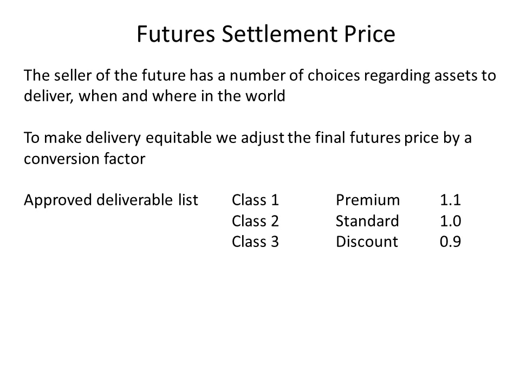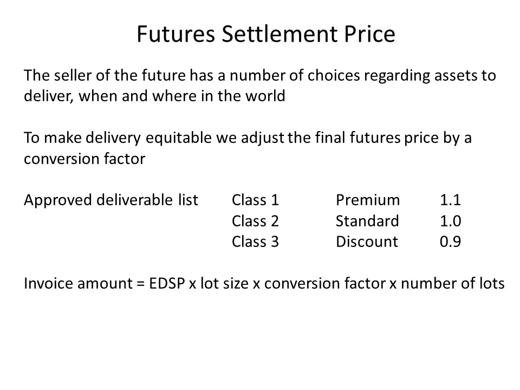Conversely, of course, if the seller of the futures contract decides to deliver a slightly inferior quality product, a discount quality product, then the final futures price that is used to settle the futures contract is adjusted down by a factor of 0.9. In other words, the buyer of the futures contract will get the slightly inferior asset and therefore expect to pay a lower price. So let's see how this formula works.